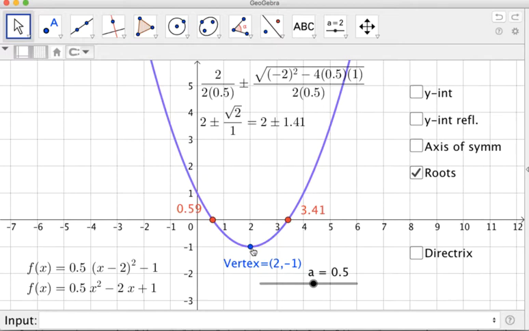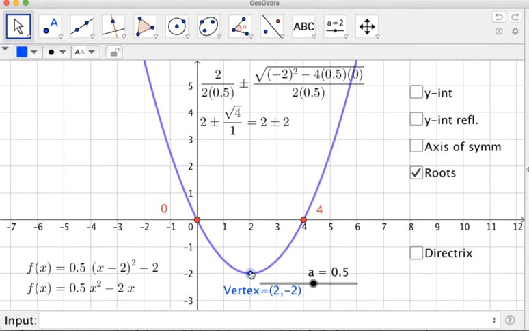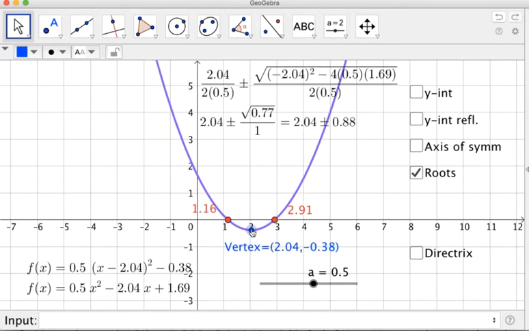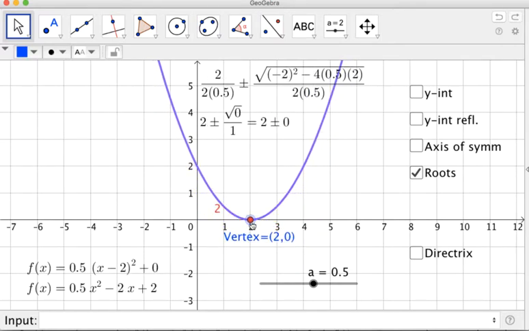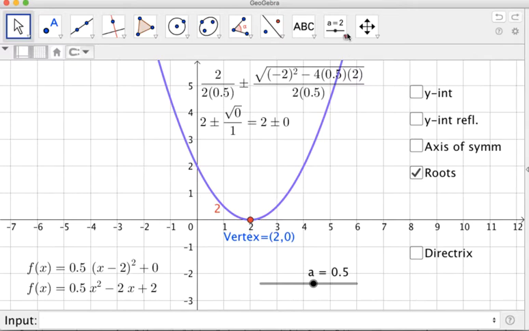So one of the things you'll notice is that as we move this thing around, obviously the values of our intercepts are going to change, of our x-intercepts. When the vertex is right on the x-axis here, notice that the b squared minus 4ac part of our expression here becomes equal to 0.